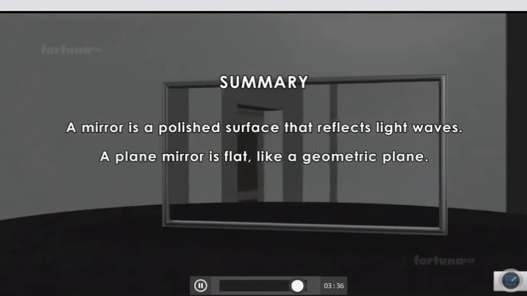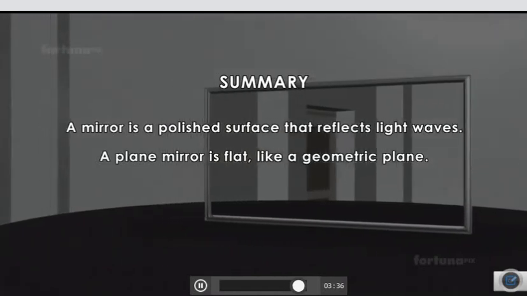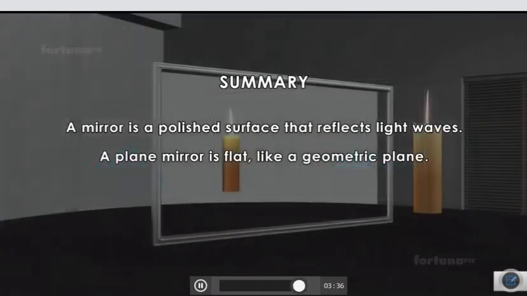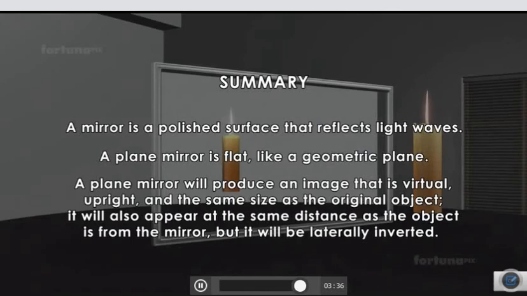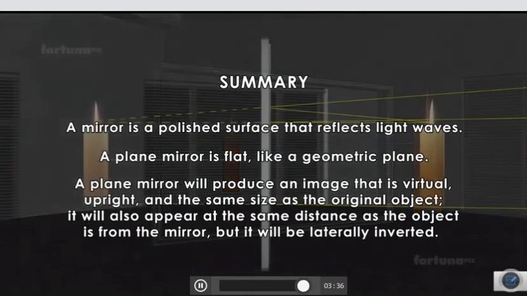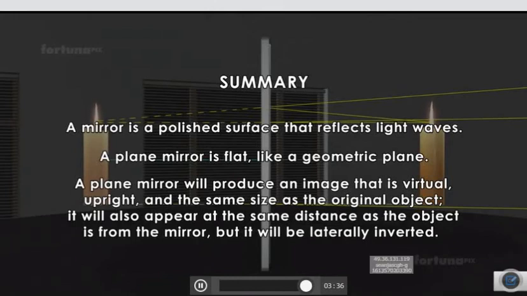A plane mirror is flat, like a geometric plane. A plane mirror will produce an image that is virtual, upright, and the same size as the original object. It will also appear at the same distance as the object is from the mirror, but it will be laterally inverted.